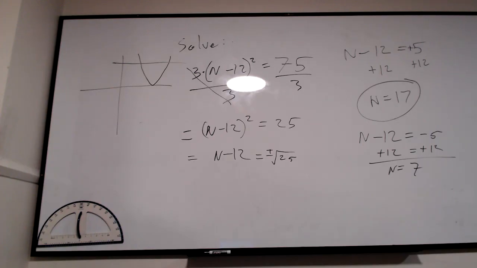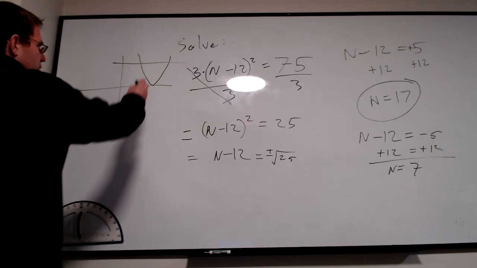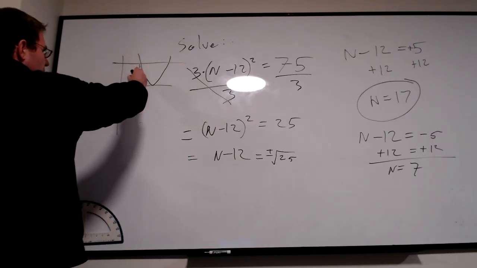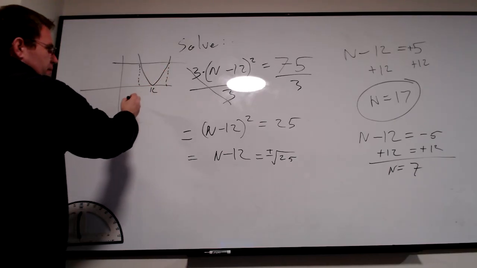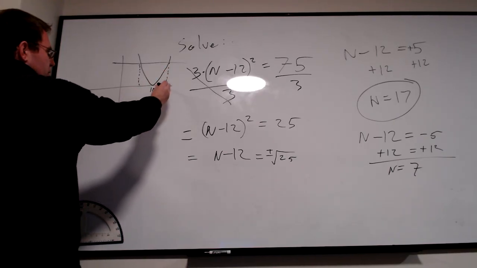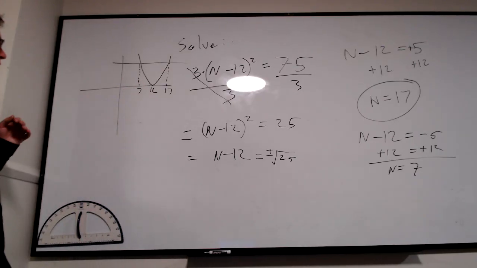So kind of draw down so they can see that. From the points where they intersect, just draw down, straight down. So if you look at those, there's 12, so you subtract 5, and add 5, and that gives you the 2 points that will be equal to that. So that's why you have to have 2 answers, okay?